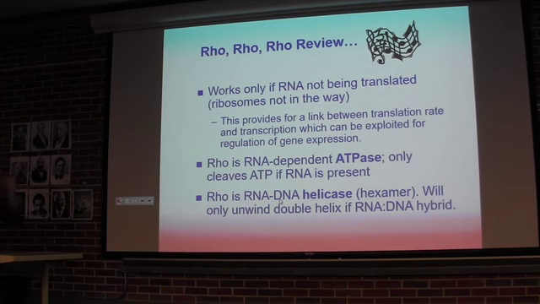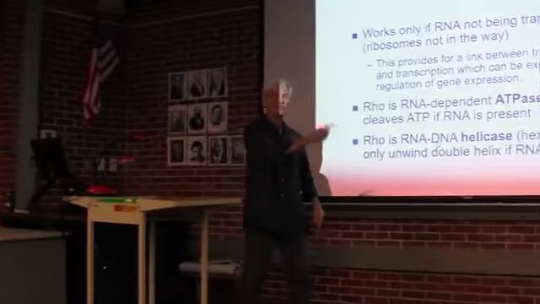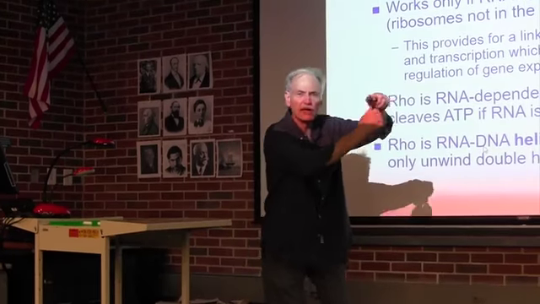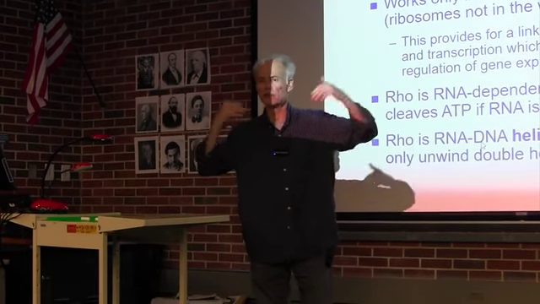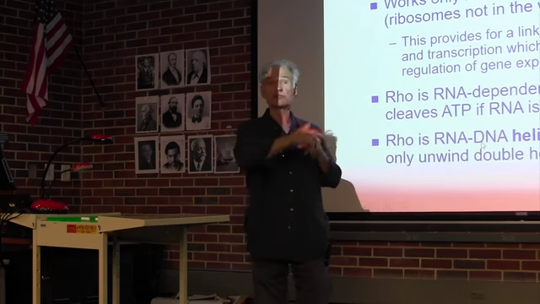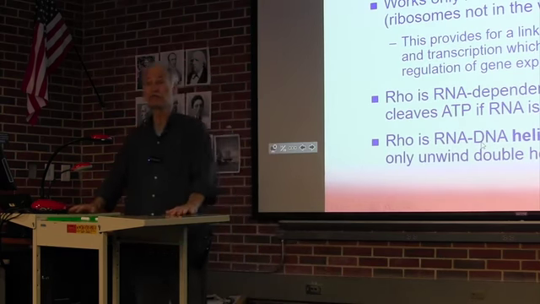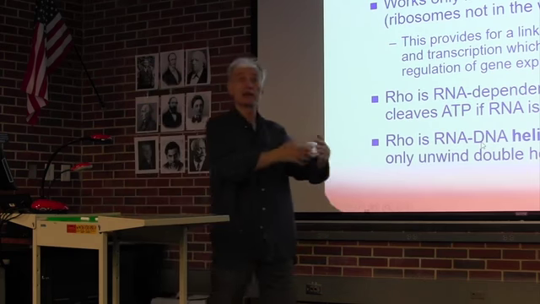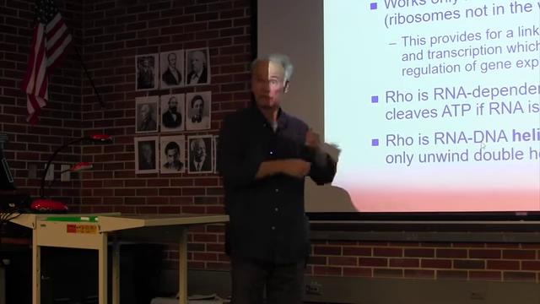Except I think the mechanism of unwinding is unlike any other helicase, because how can Rho crawl inside the RNA polymerase to melt the hybrid? Ridiculous. The way that I envision it, which you won't see in any of the journal articles, so it's probably totally made up and false, is that Rho comes up and pulls the RNA out, burning ATP to do that.